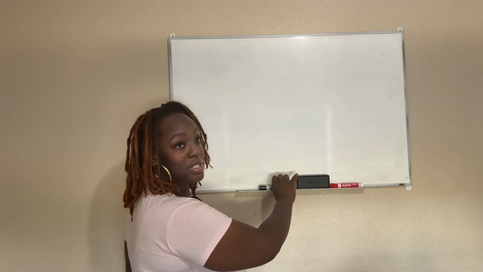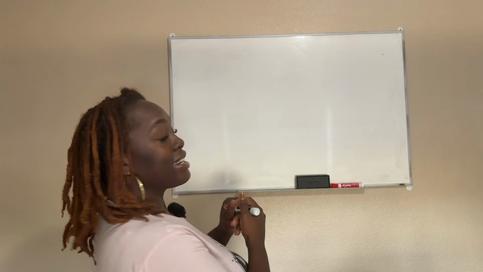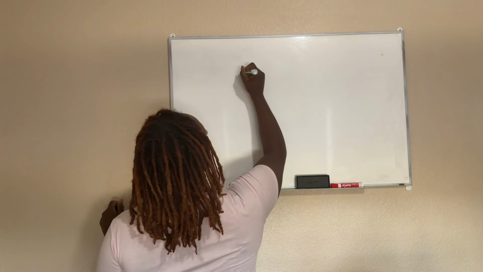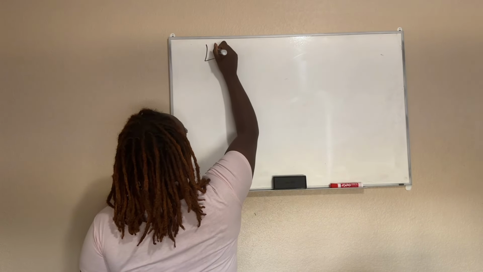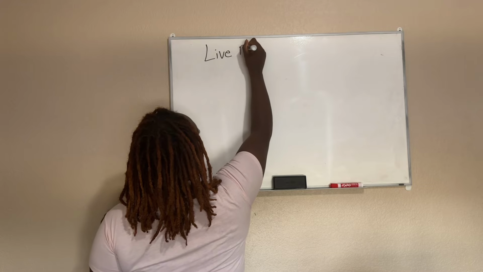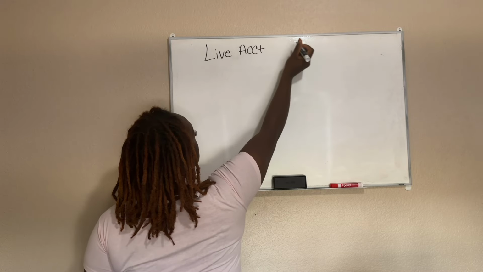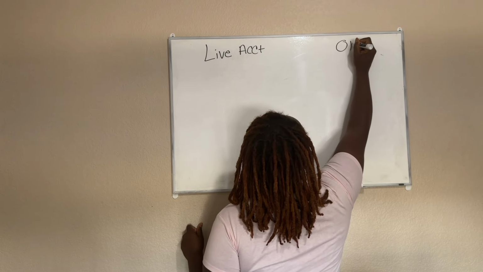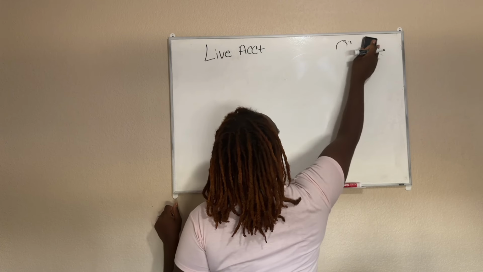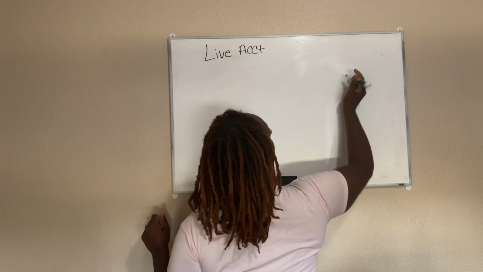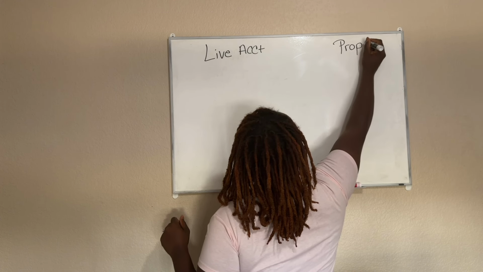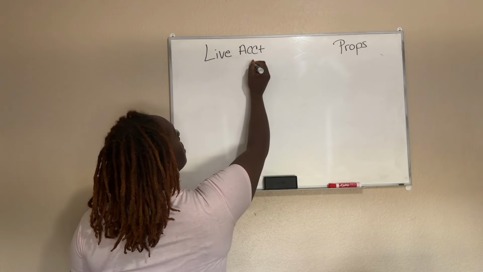I don't know if y'all used to do this or not, but I did. All right, so I'm gonna do a little chart, but it's not gonna be a chart. It's gonna be one of these. First, let's do live account and OPM. Now I put prompt just in case we missed the beginning of the video.